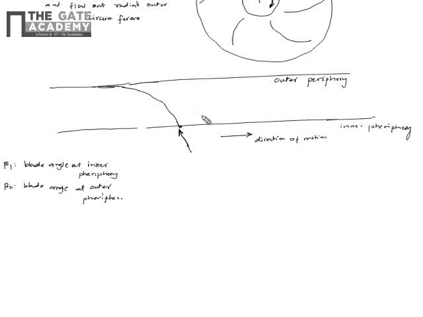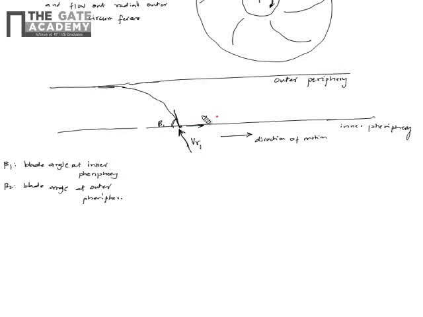So flow will be along the blade angle, and this angle is beta 1. That means the tangent of the blade at the inlet makes an angle beta 1 with the circumference. This is the direction of the relative velocity at the inlet, and u is the direction of motion.